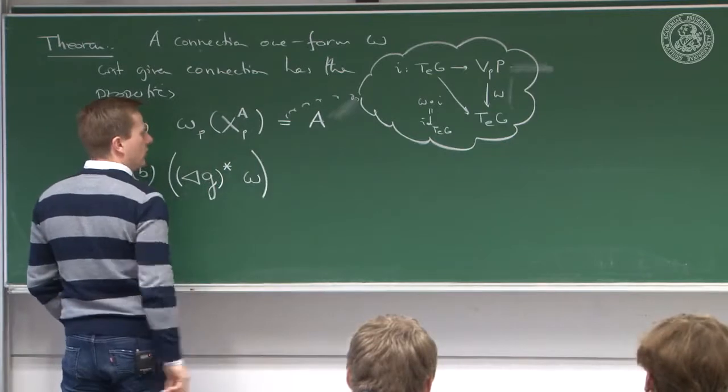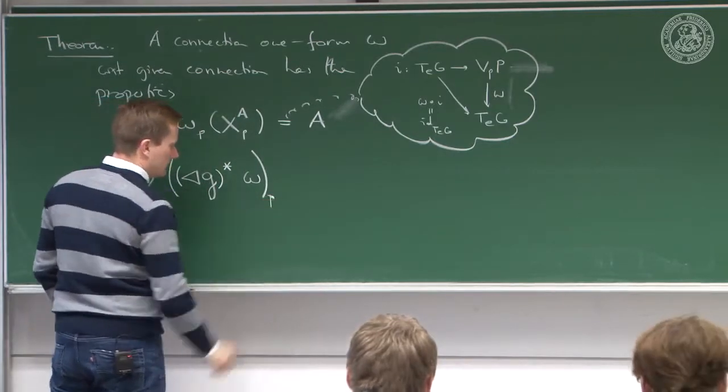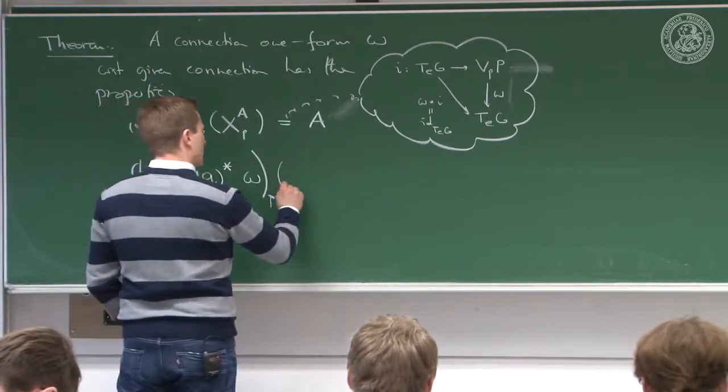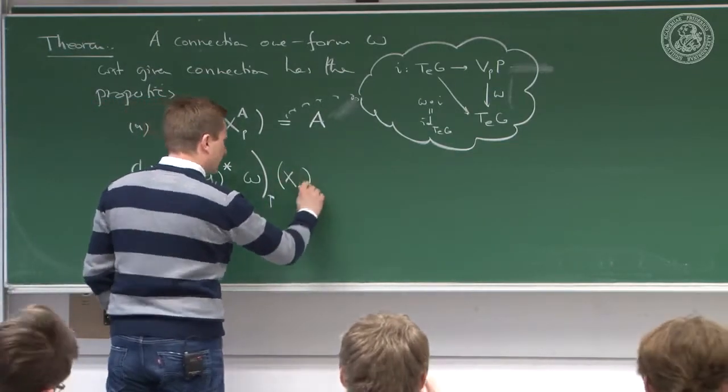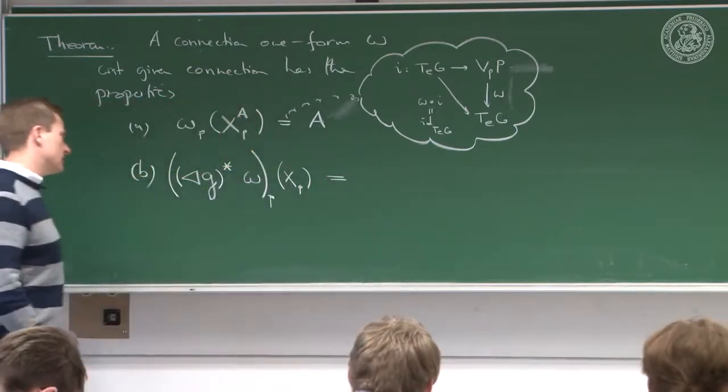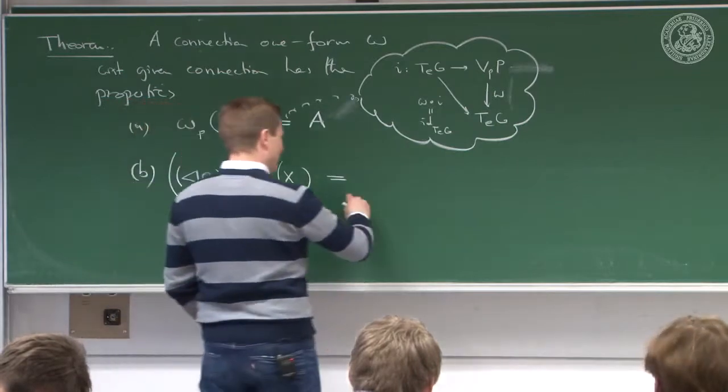And so if you take the pull back of the one form and look at it at the point P, and then you plug in a vector X_P, then the property is, at first sight it looks a little complicated.